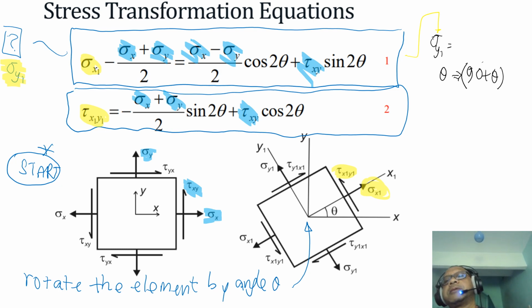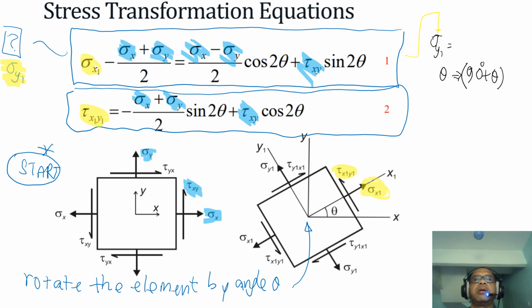Everything else is the same. So it's just that the theta value changes for sigma y1. Okay, all right. So that's stress transformation.